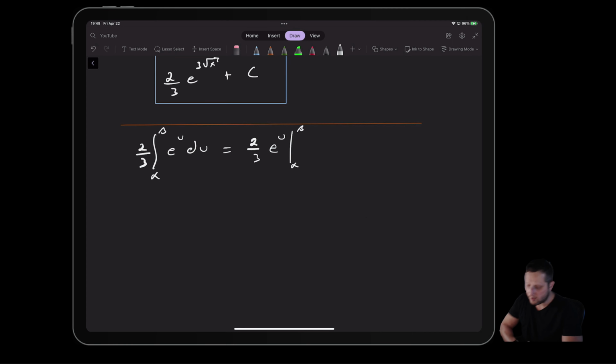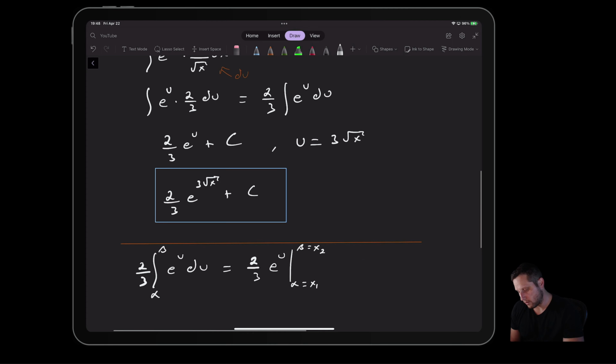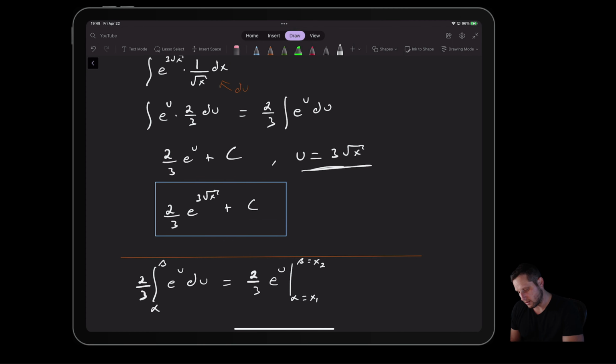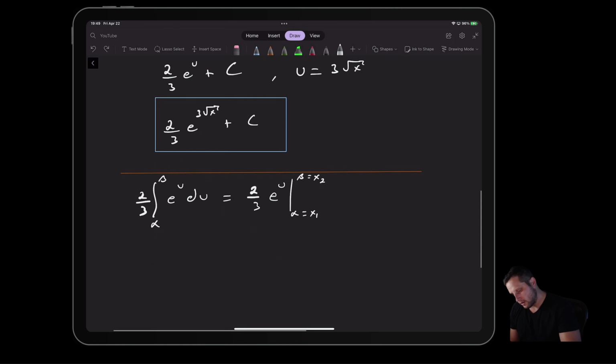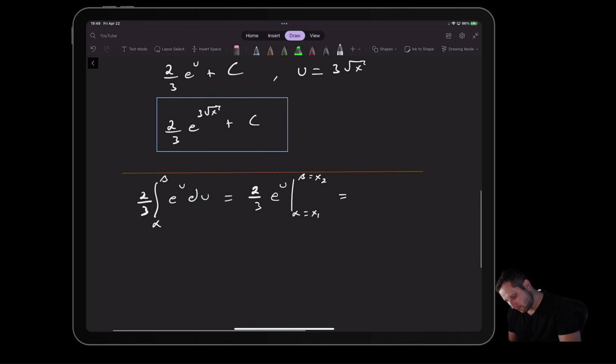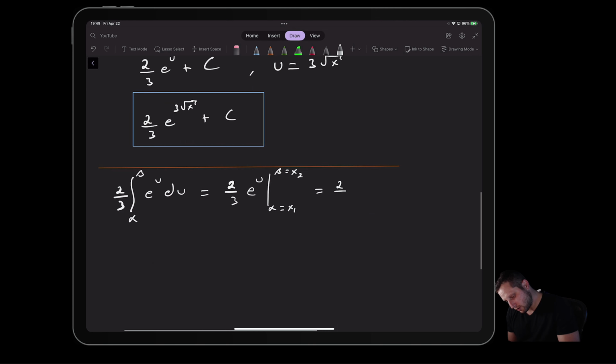Now remember, these are x values, right? So you cannot evaluate by plugging in x1 equals alpha, x2 equals beta into this if you don't convert like we were talking about with this equation, right? So what you have to do is you have to change this to 2/3 e to the 3 root x evaluated from alpha to beta.